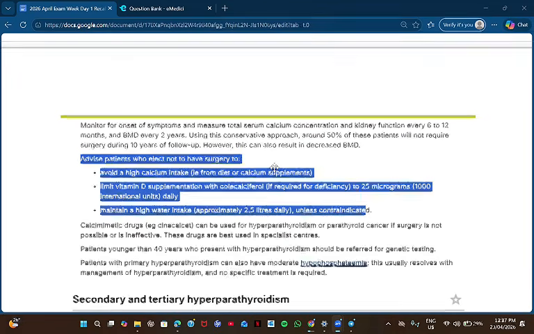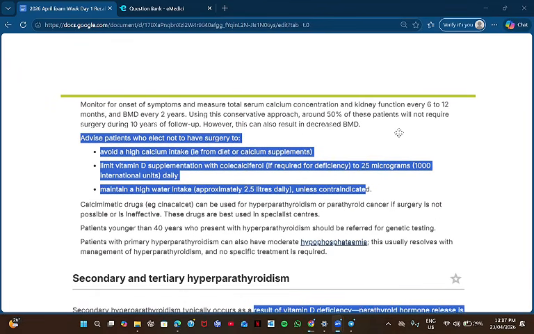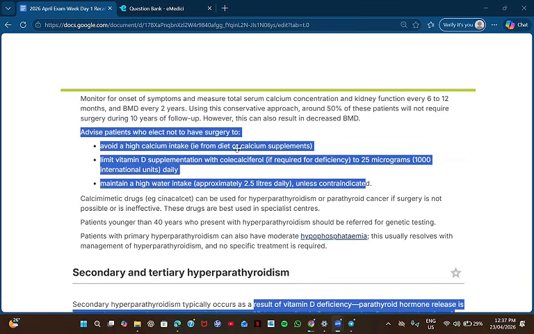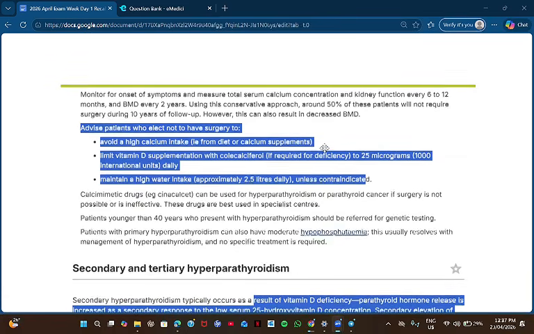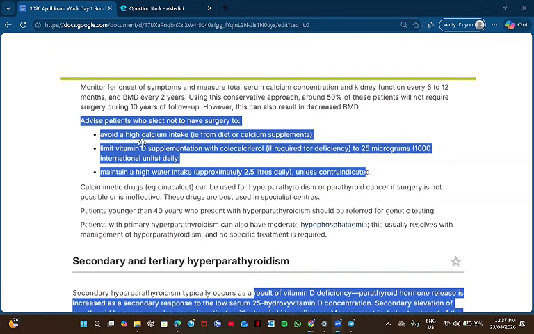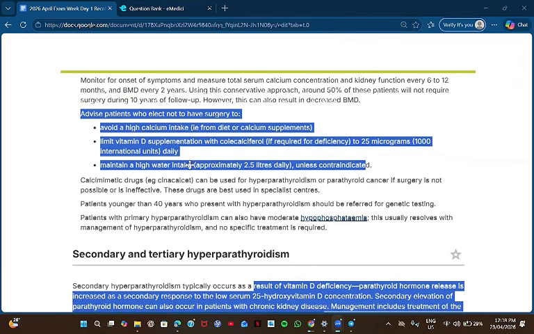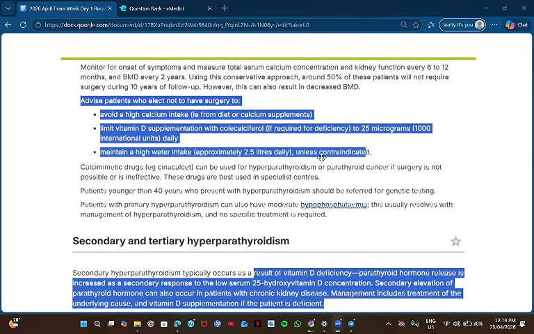Using this conservative approach, around 50% of these patients will not require surgery in 10 years of follow-up, right? However, this can also result in decreased BMD. So advise patients who elect not to have surgery to avoid high calcium intake, right? Limit vitamin D supplementation with cholecalciferol.